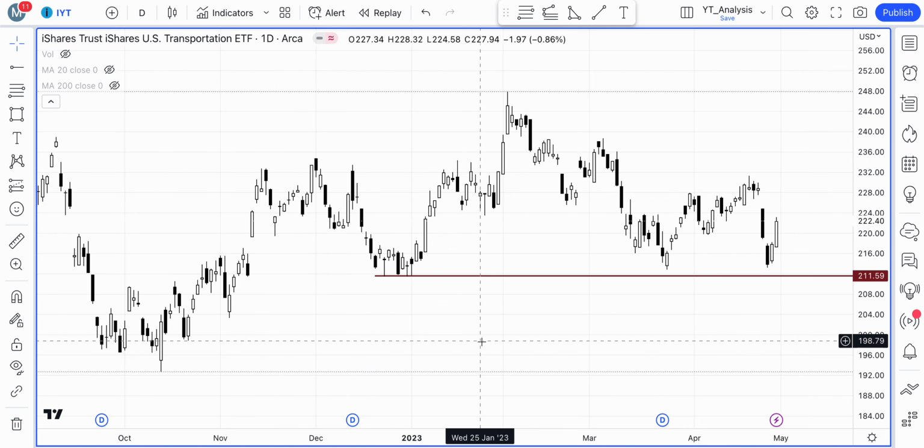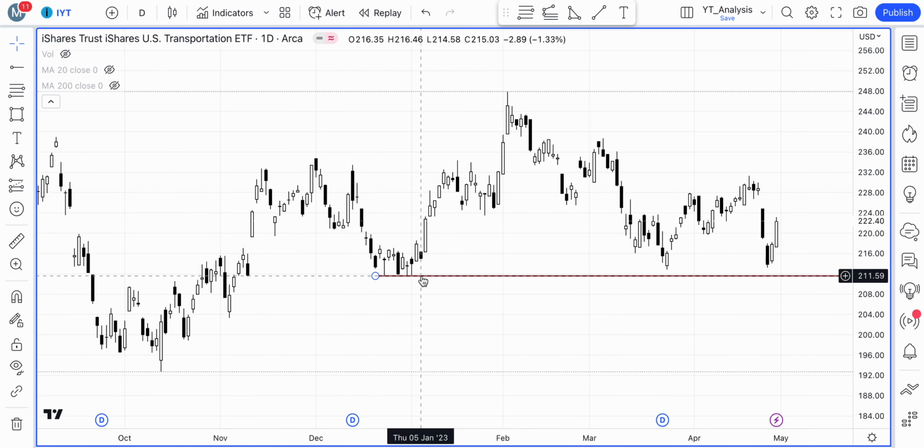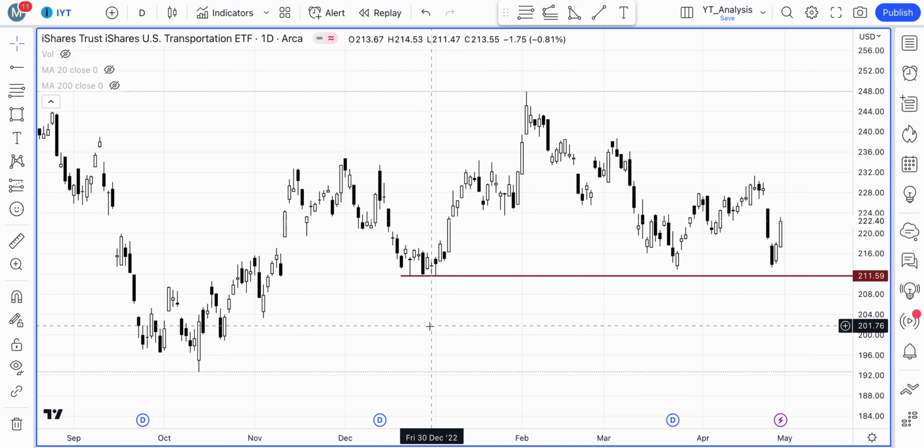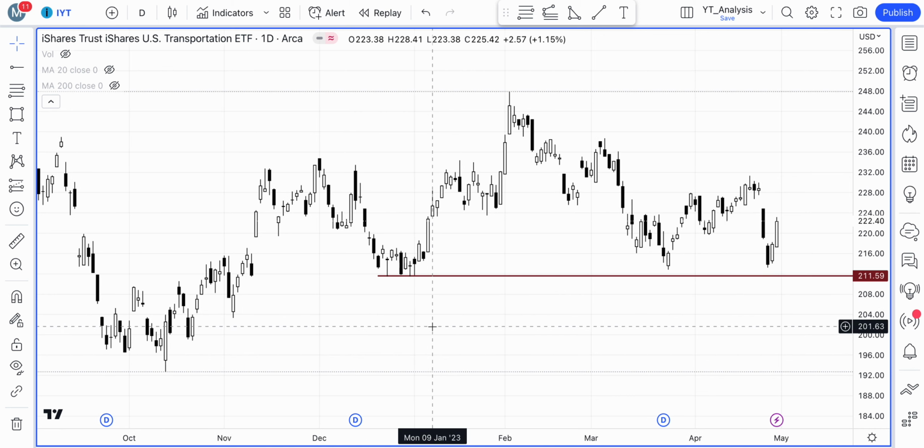It went down, but we have to be watching this because when transportation begins to move, it is a sign that there is activity in the economy, because the goods are moving. Consumers are perhaps buying stuff. So that is going to be a good indication.